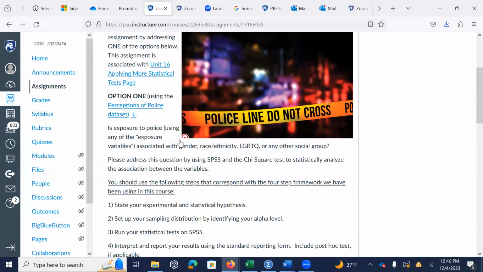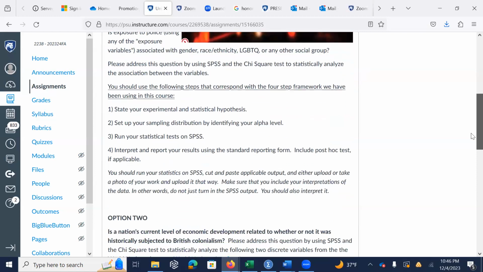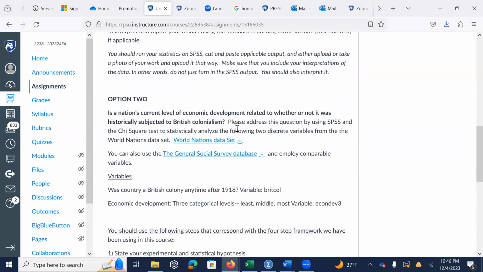So you can select gender, race, ethnicity, LGBTQ, or any other demographic category that is in the data set. Alternatively, you can opt to use the World Nations dataset and examine the relationship between British colonialism anytime after 1918 and economic development.